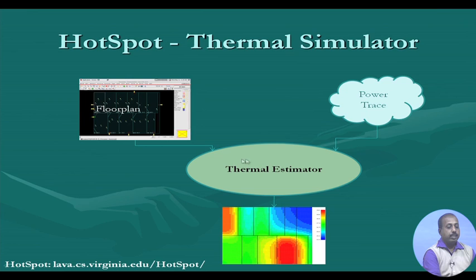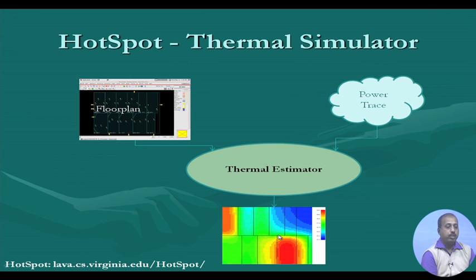It may be a block level estimator or a gate level estimator. Whatever it is, the floor plan and the power trace are fed to this thermal estimator, which does some thermal simulation and then comes up with the thermal modeling. It gives the temperature distribution of the various blocks in the circuit.